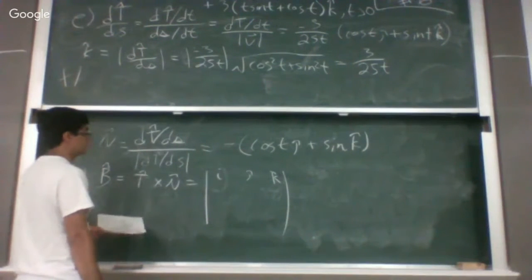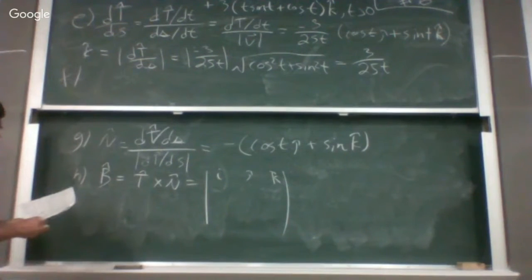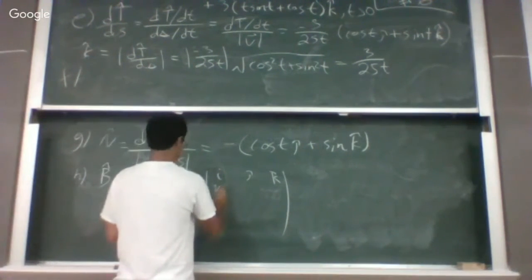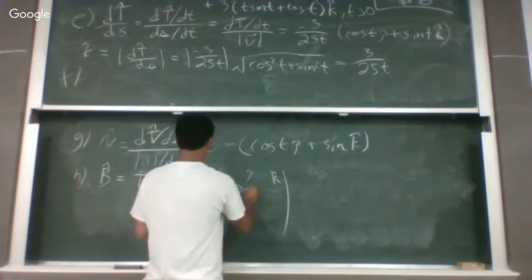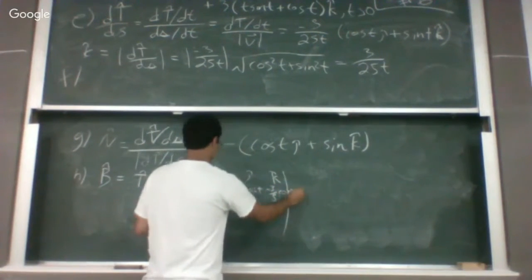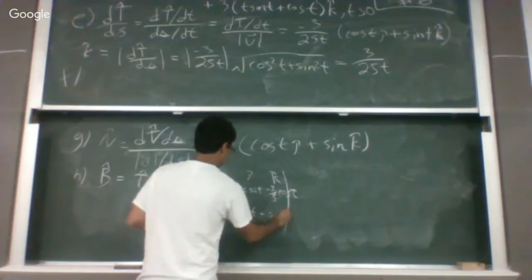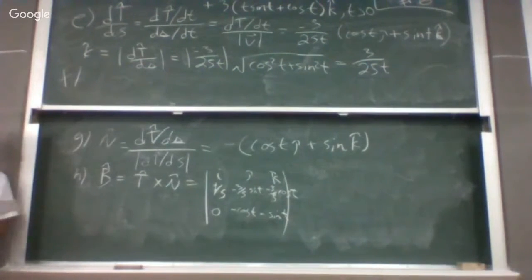We don't have our T up here, but that was 4/5 right here. Minus 3/5 sine of t. Minus 3/5 cosine of t. 0, minus cosine of t, minus sine of t.